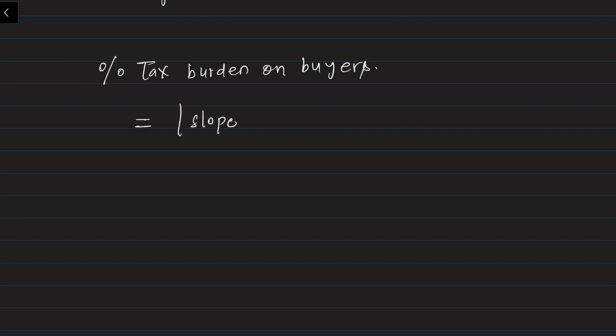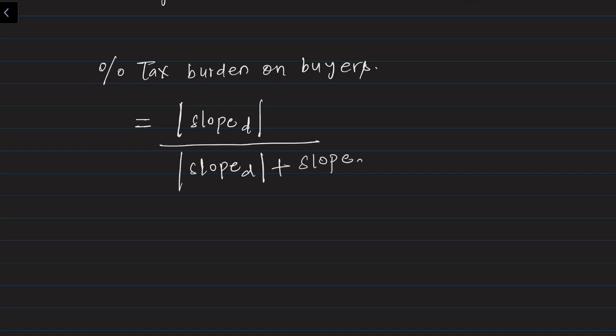The absolute value of the slope of the demand curve, you know that for the demand curve it is negative, so we take the absolute value, divided by the sum of the slopes of both curves, supply as well as demand, plus the slope of supply, which is positive, so we don't need the absolute sign. So this is the formula for the percentage tax burden on buyers.